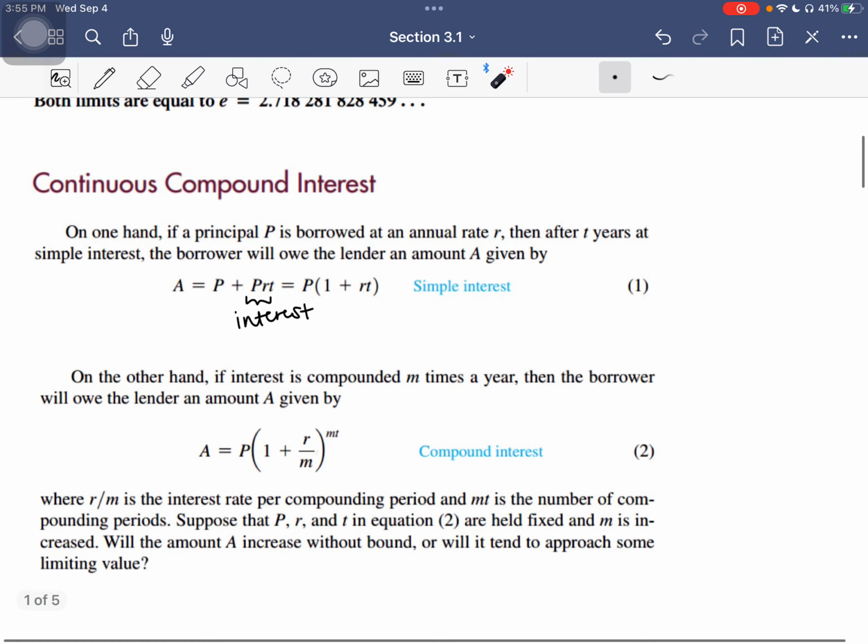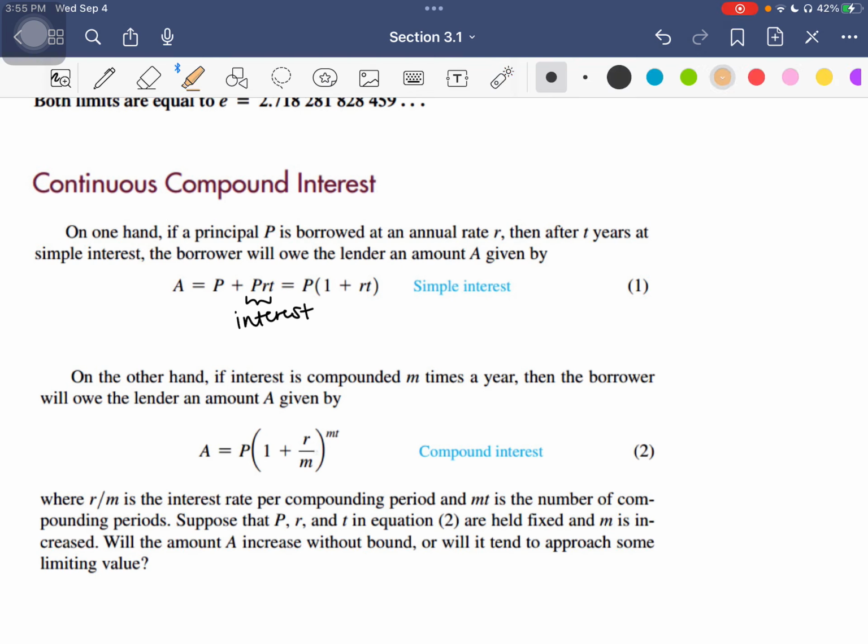And so the question that we are asking is, let's say that we kept our principal, our rate, and the amount of time fixed as we let M, the number of times we're compounding a year, increase. We're curious to see if the amount A will increase without bound, so increase forever and ever, go up to infinity, or will it tend to approach some value?